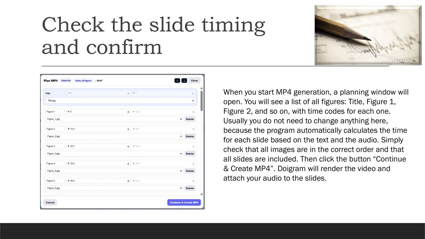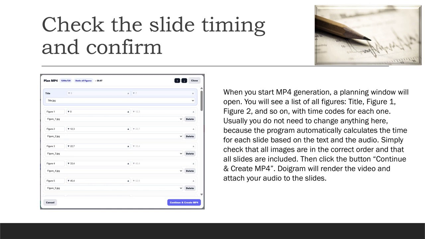When you start MP4 generation, a planning window will open. You will see a list of all figures, such as title, figure 1, figure 2, and so on, with time codes for each one. Usually you do not need to change anything here, because the program automatically calculates the time for each slide based on the narration and the audio.